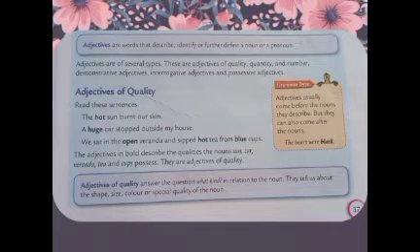Suppose here they gave us one sentence. The hot sun burnt our skin. So in this sentence, the highlighted word, hot, is adjective. It is saying more about the sun. So it is describing the quality of the sun.